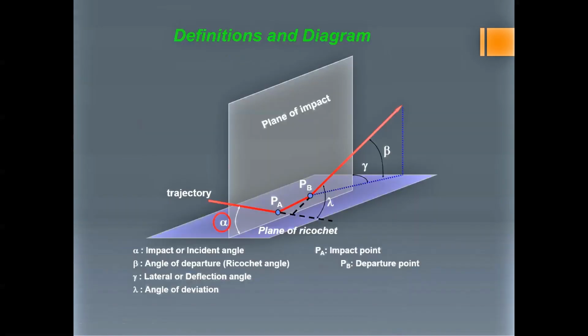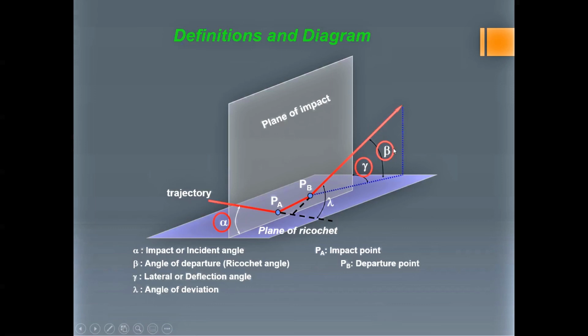Now let's look at this plane here. So angle A is our impact or our incident angle, right? So here we have the shot fired, travels down, strikes a substrate, right? Travels along the substrate a little ways, and then departs, right? So now we have the angle of departure, right?